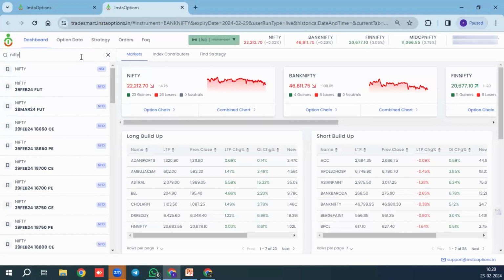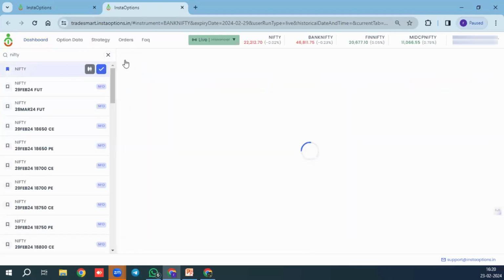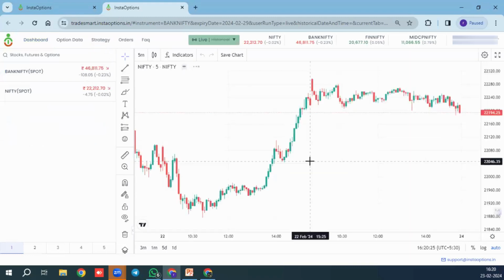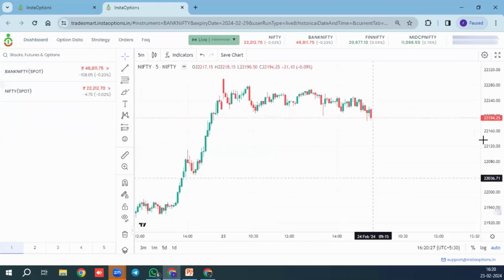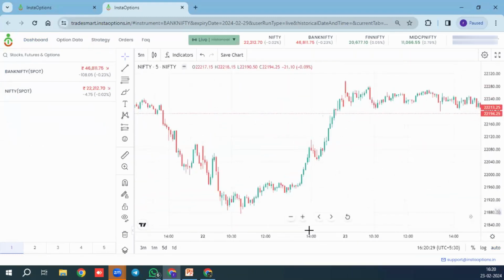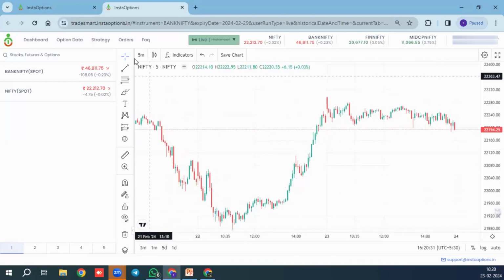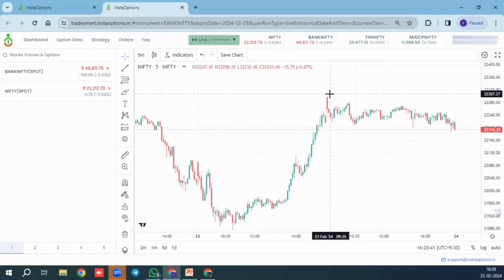Now I'm going to open the Nifty chart, so I'll add the Nifty chart here. See, we can see the market shot up from yesterday's low of 21,880 to 22,200, almost 400 points, right?